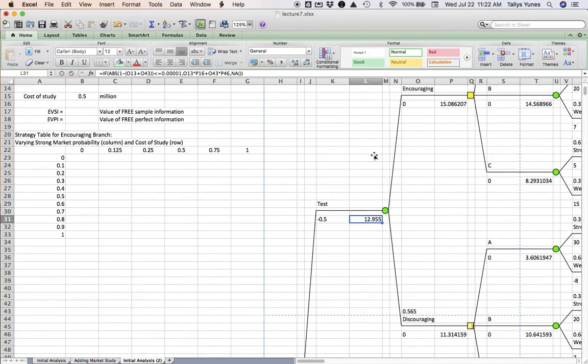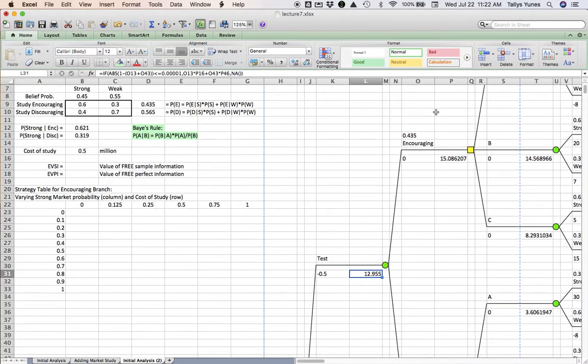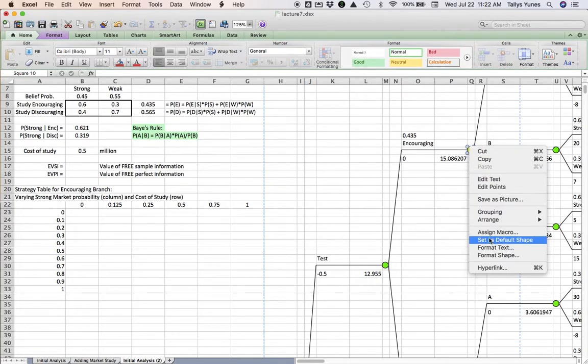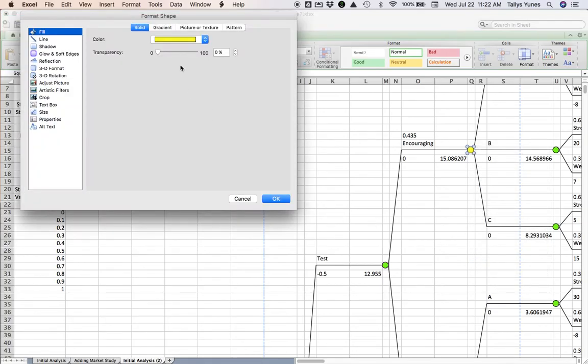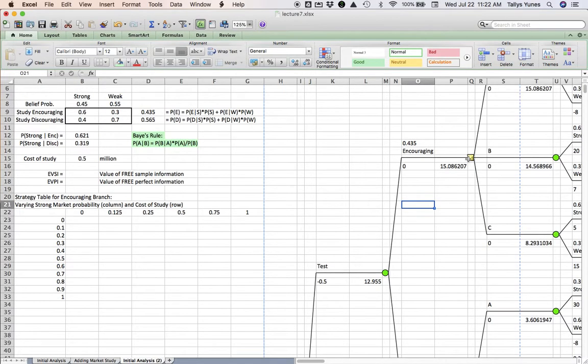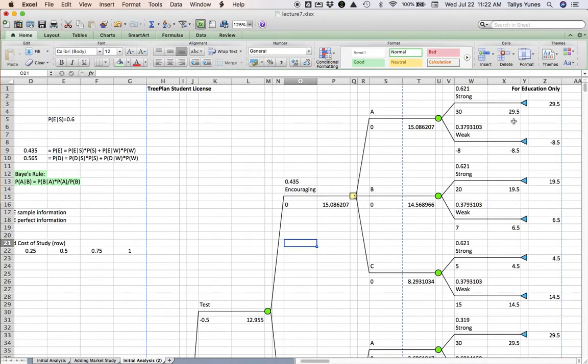At this point, there's something out of my hands. If the test is encouraging, what should I do? Well, let me just change the transparency of this node again, because I want to know if the test turns out to be encouraging, what am I supposed to do? It says do 1, meaning go aggressive.